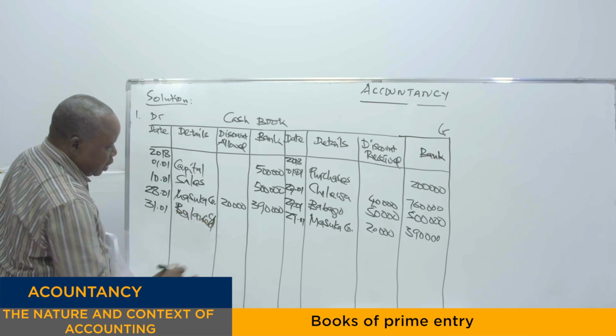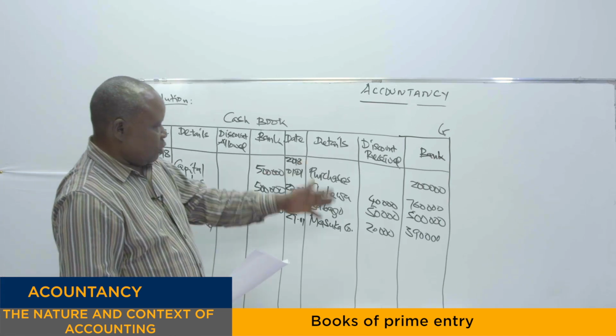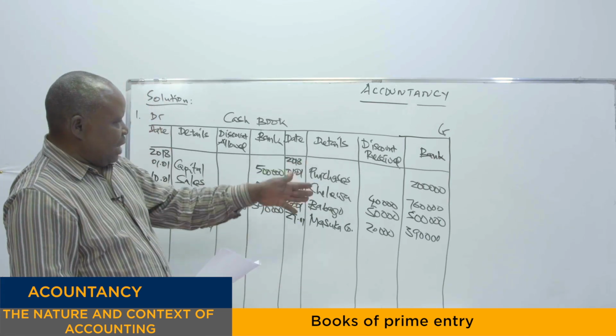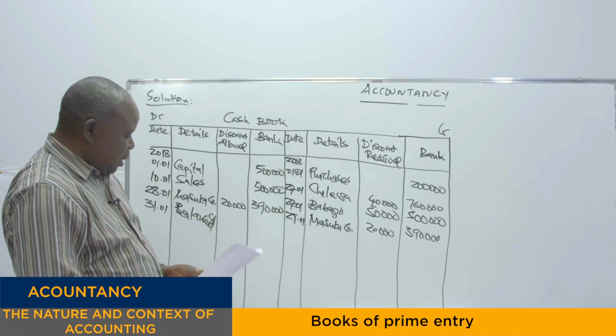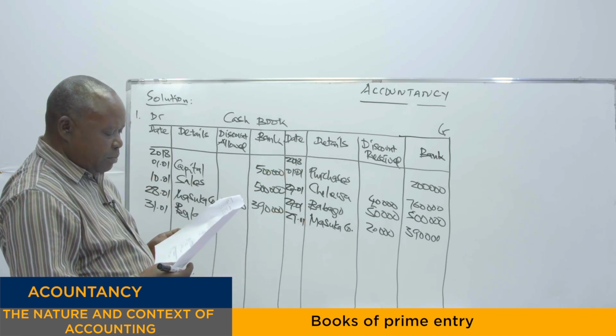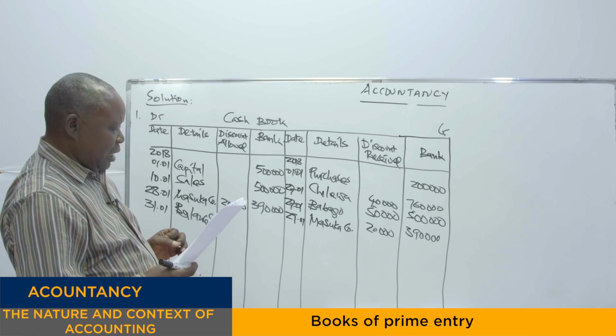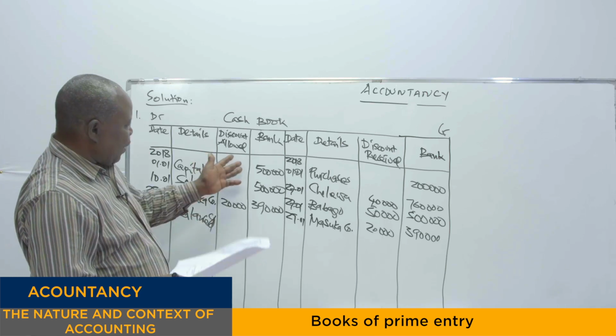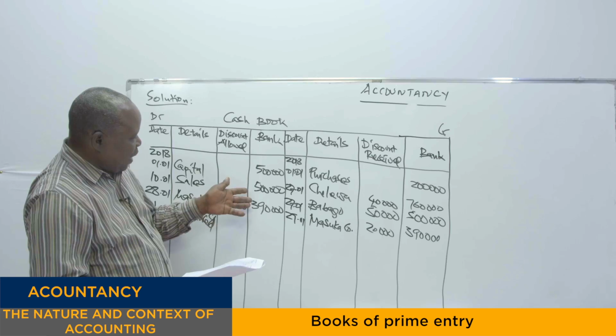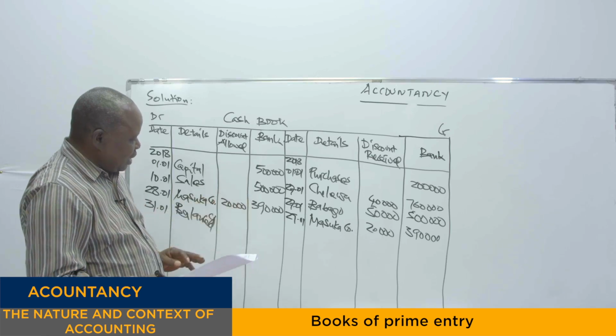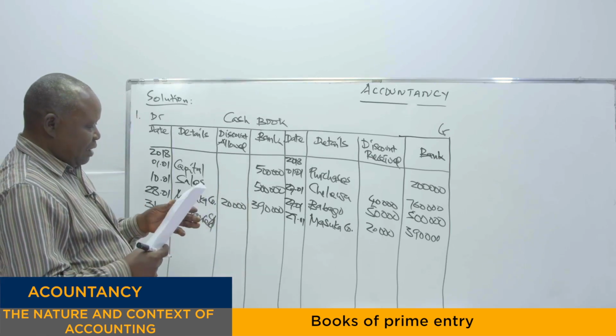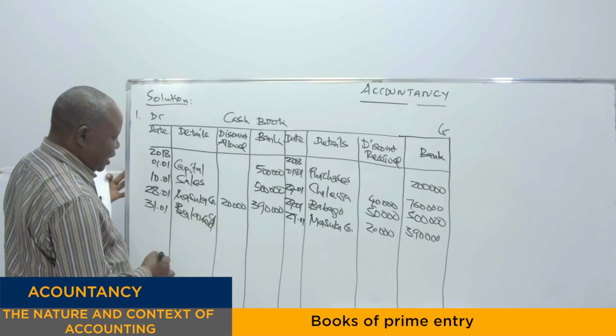carried down. Of course, the total bank into credit side, the total is 1,850,000. So if you deduct 500,000 and 390,000, you remain with 460,000.